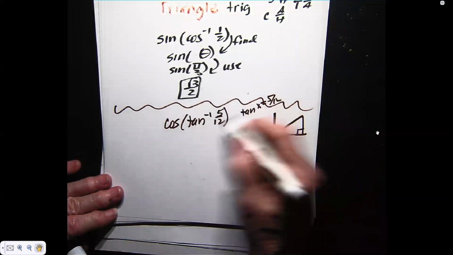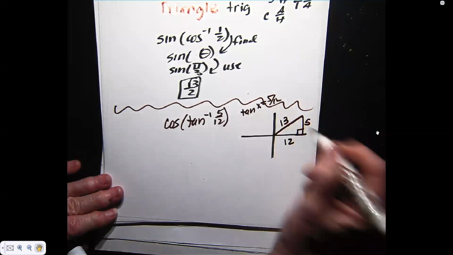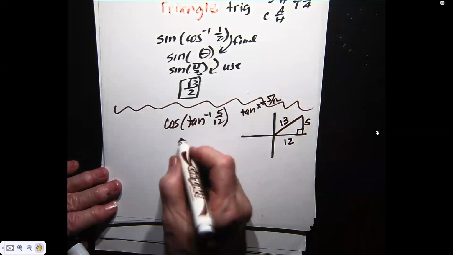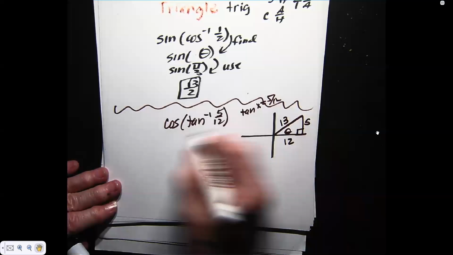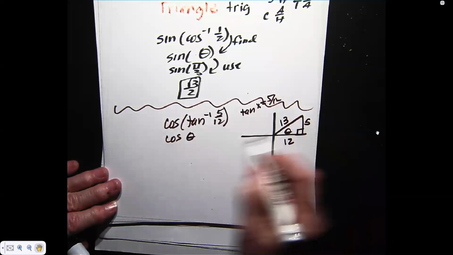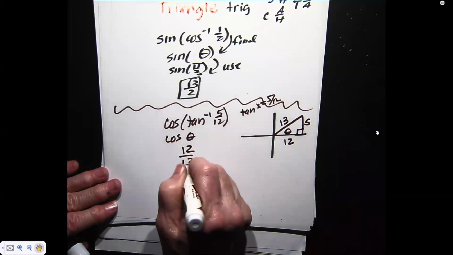Tangent is opposite over adjacent, so the hypotenuse is 13. Now I know the angle, so what is the cosine of the angle in the triangle? Cosine is adjacent over hypotenuse, so 12 over 13.